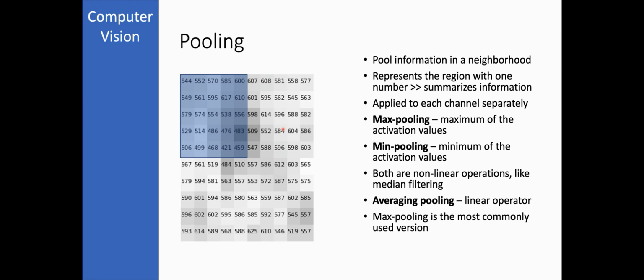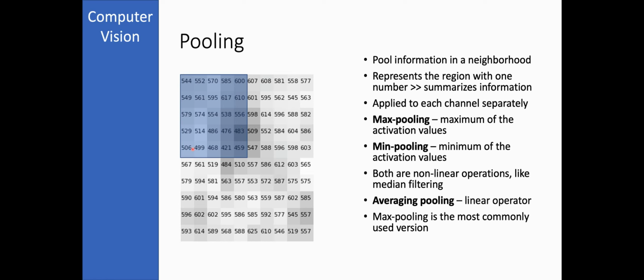More in detail, let's see it here. Pooling basically pools the information in a large neighborhood like this with a single value. So it summarizes the information. And it will be applied to each channel separately when you add the pooling layer. Now you can have multiple pooling strategies. You can have, for example, maximum pooling, max pooling, which basically means that I will look at the activation values here and I will only retain the maximum value here.